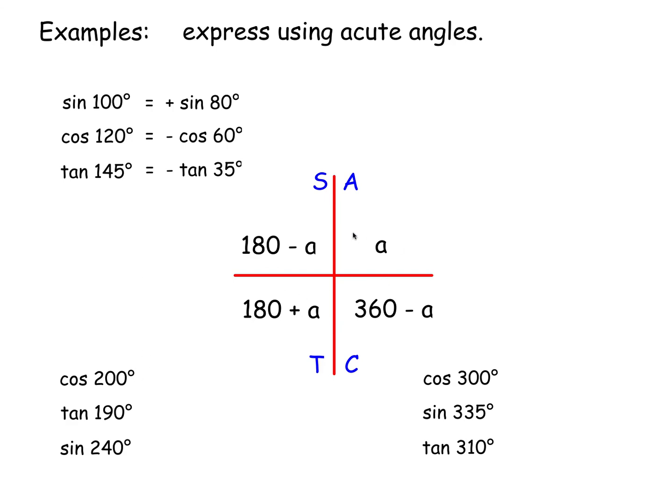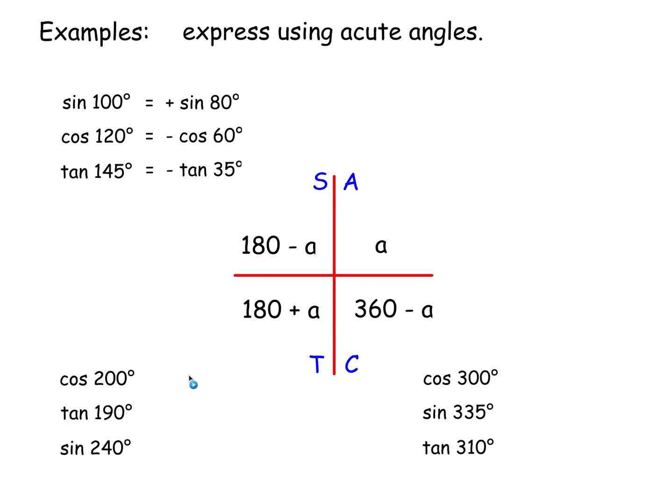If you turn round beyond 180, you're into the third quadrant in here, the 180 plus A bit. If you get cos 200, you've turned 20 degrees beyond 180. So A is 20. Cos 200 is the same as cos 20.